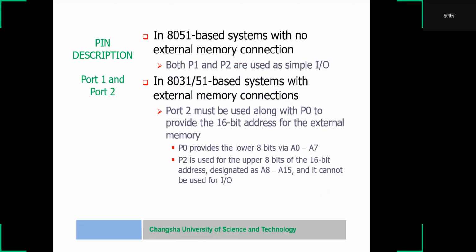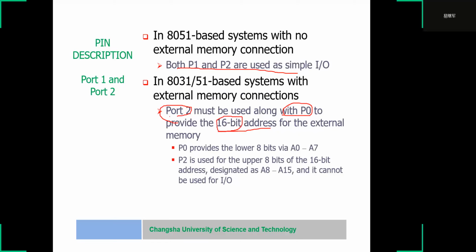In 8051 based systems with no external memory connection, both P1 and P2 are used as simple I/O. In 8031 and 8051 based systems with external memory connection, P2 must be used along with P0. Port 2 used with P0 provides the 16-bit address for the external memory.